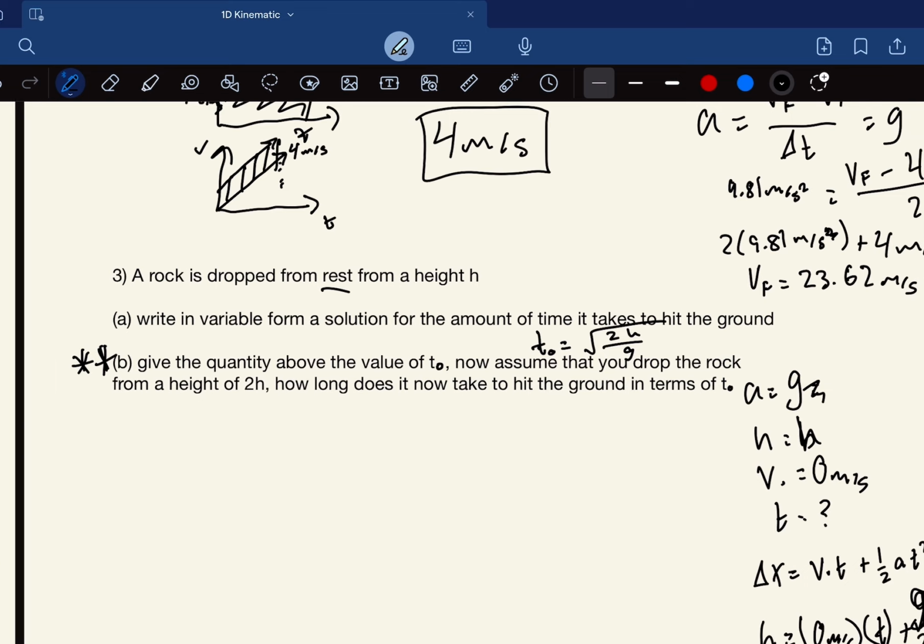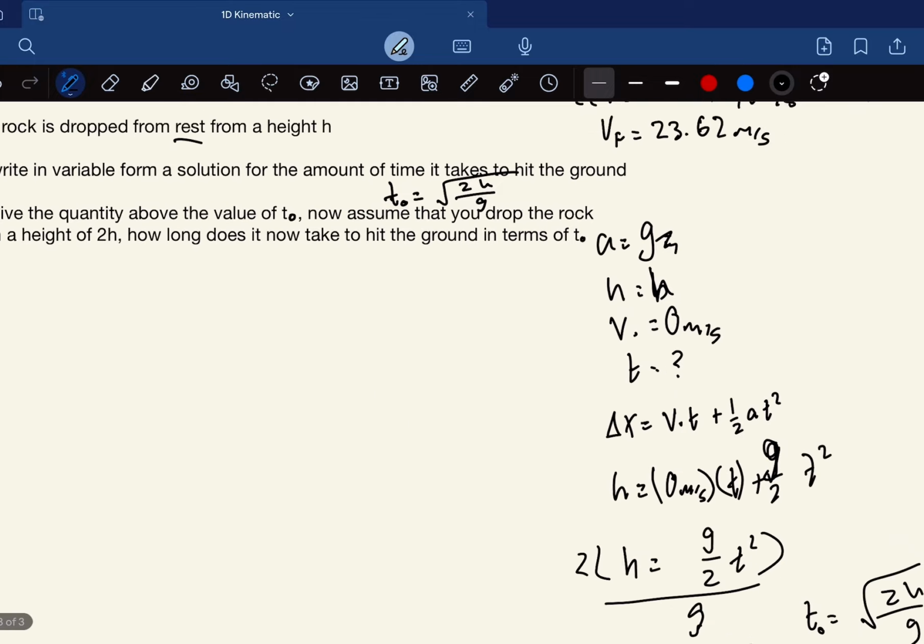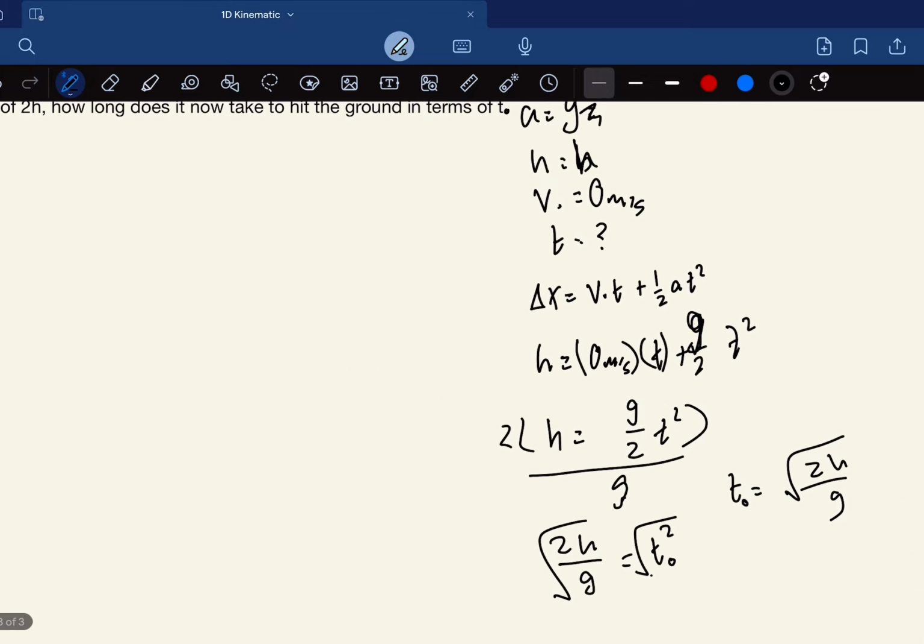Now, give the quantity above a value t naught, which we just did. Now, assume you drop the rock from a height of 2h. How long does it take to hit the ground in terms of t naught? So, for this problem, you now have just two solutions. You have the first equation, which gives us this value.